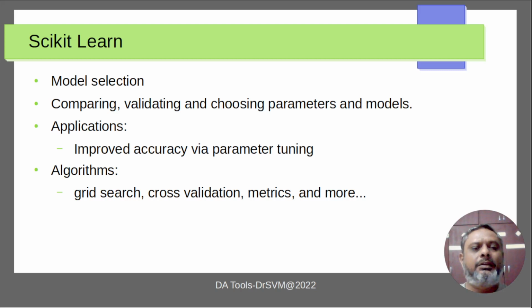But if we make use of the model selection facilities given by scikit-learn, then finding the best model and parameter tuning, everything is done automatically. So almost 99% of our headache comes down while working with machine learning problems. The algorithms defined under scikit-learn are grid search, cross-validation, metrics, and many more.